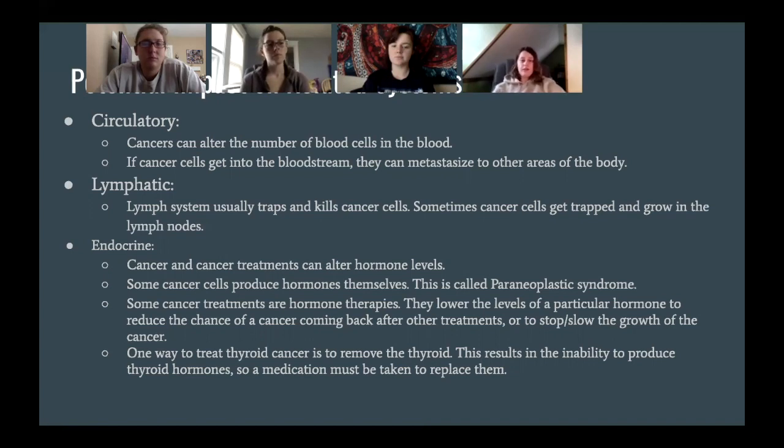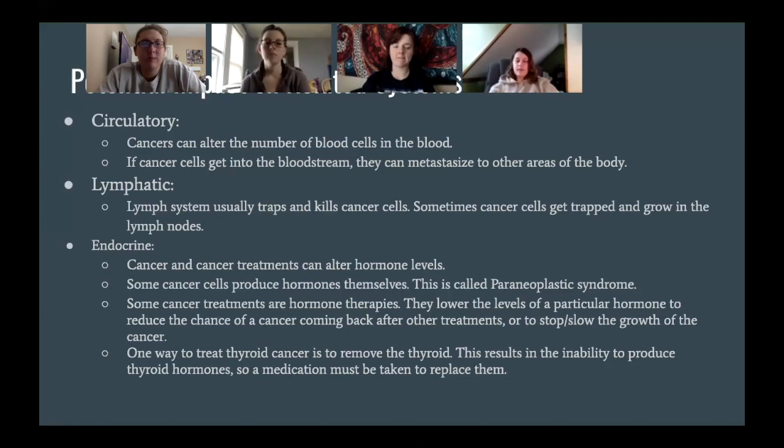And the endocrine system can also be impacted. Cancer and cancer treatments can alter hormone levels. Some cancer cells are able to produce hormones themselves, and this is known as paraneoplastic syndrome. And some cancer treatments are hormone therapies, as was mentioned before, and they tend to lower the levels of a particular hormone to reduce the chance of a cancer coming back or to starve it of its feeding source.